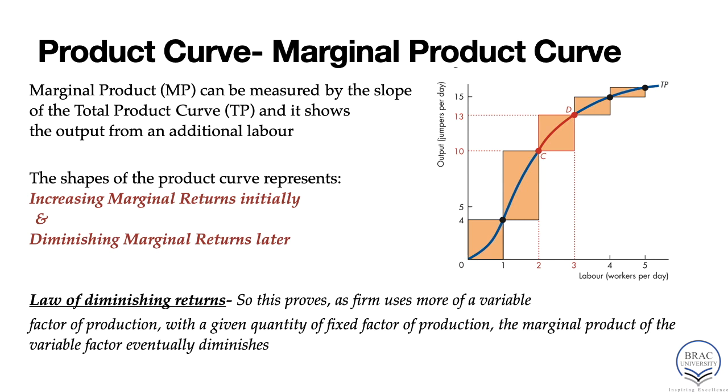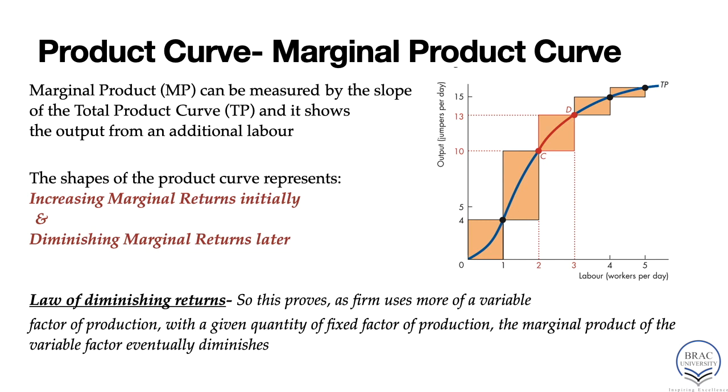Next, we have diminishing marginal returns. This occurs when the marginal product of an additional worker is less than the marginal product of the previous worker. To put it simply, when more workers are added and more workers are using the same machinery in the same plant, then there is actually less and less for the additional worker to do that is productive.